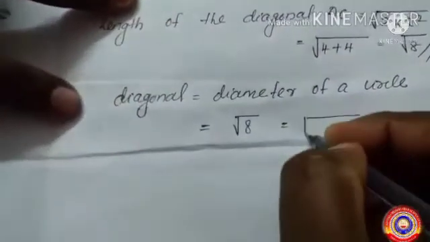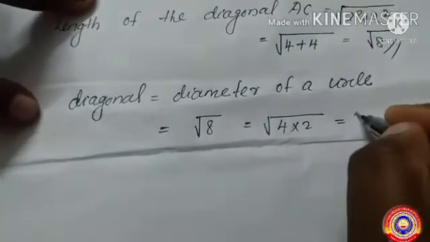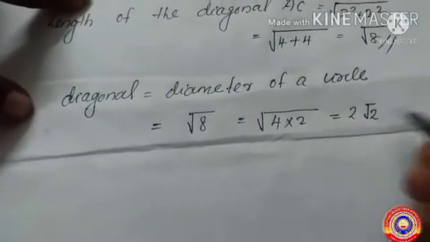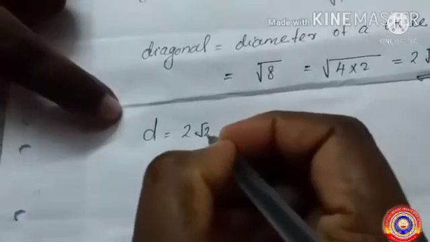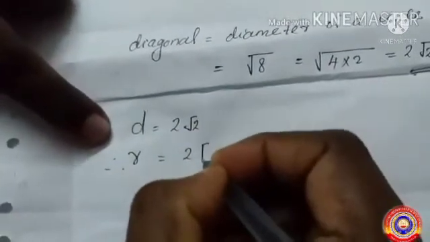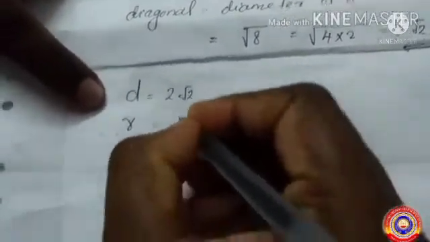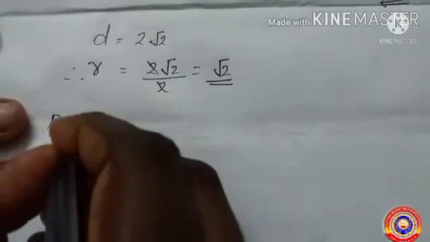Root 8 is equal to root of 4 into 2. Root of 4 equal to 2. Root of 2 is equal to root 2. So we get 2 root 2. If diameter is equal to 2 root 2, then its radius is equal to 2 root 2 divided by 2, equal to root 2.